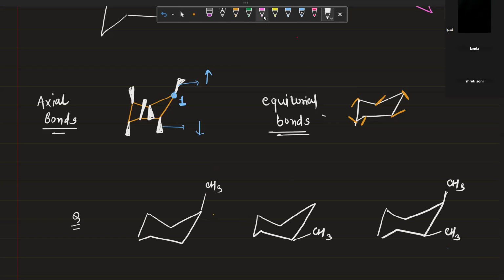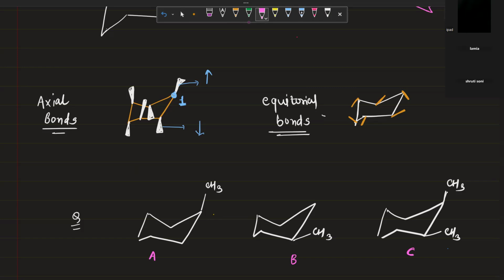Okay, these are some questions. Now you tell me, let's suppose this is A, this is B, and this is C. These are the structures. Now you tell me, in the first case, is the CH3 on an axial bond or an equatorial bond? First case, I would say axial.